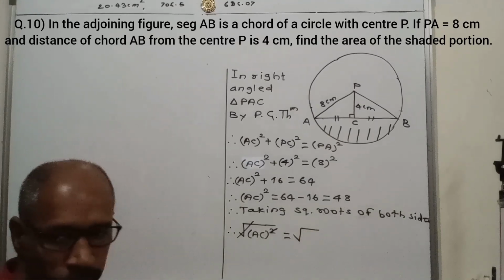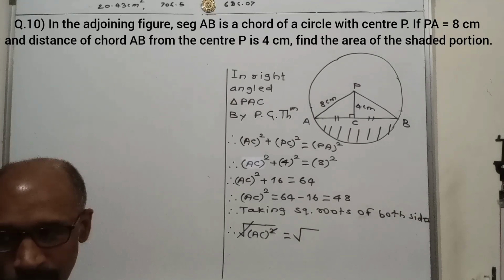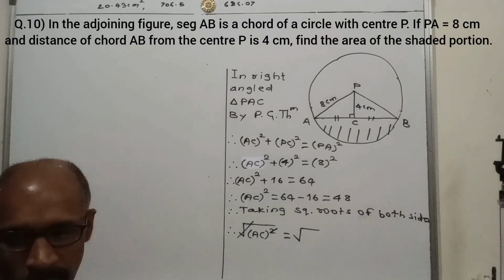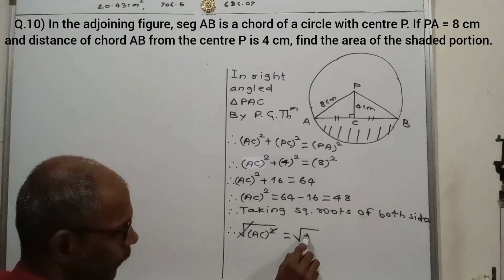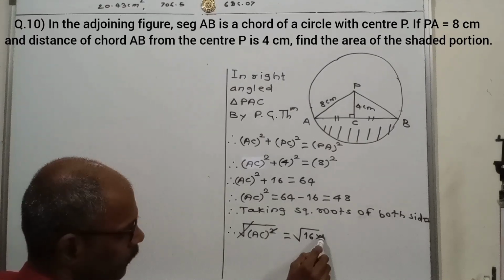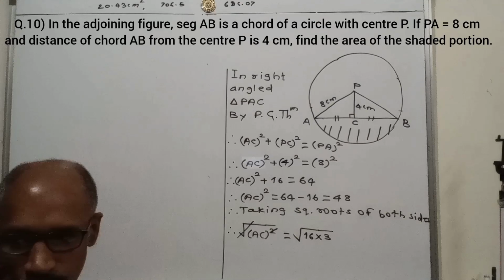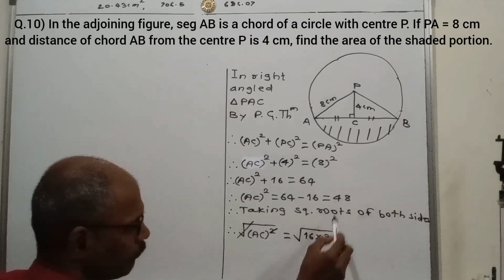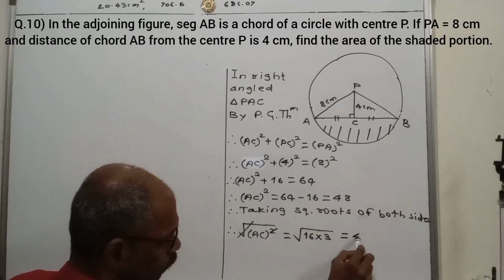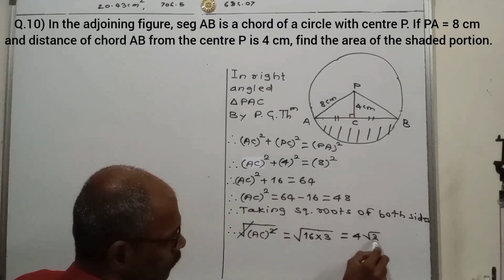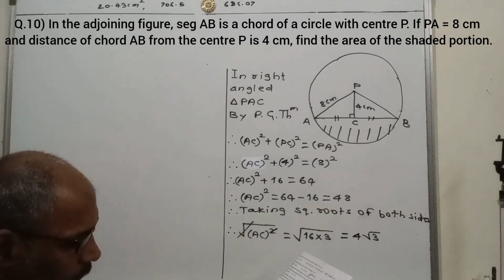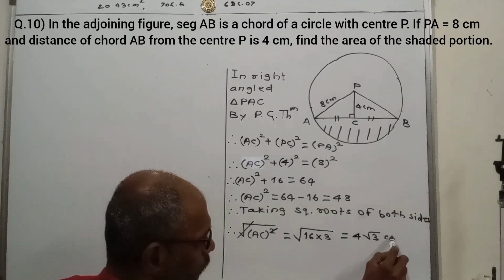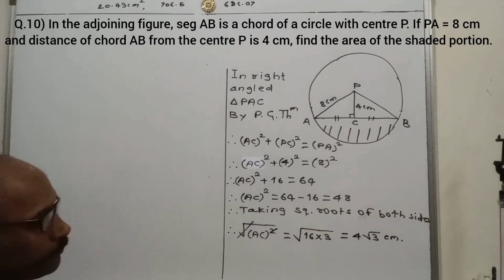Now this 48 we split into two numbers, and out of those two numbers one should be a perfect square. 16 into 3, means 48 is equal to 4 square root of 3. Here centimeter. Okay, did you get it?